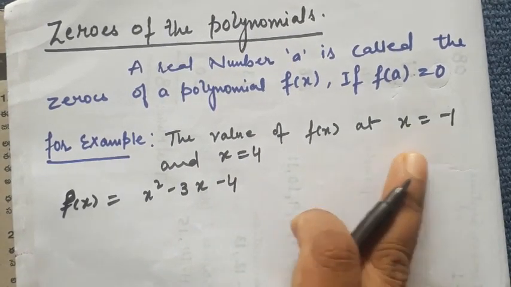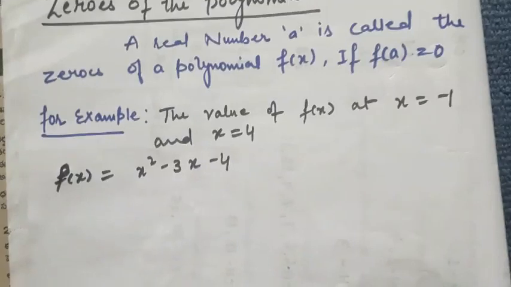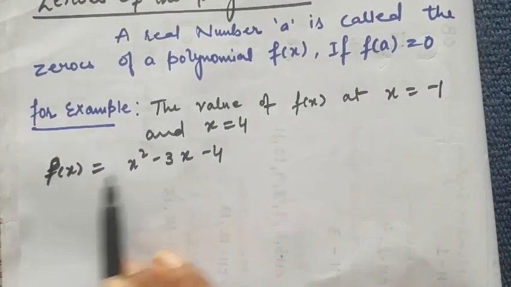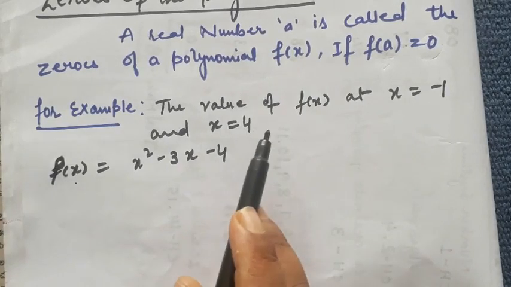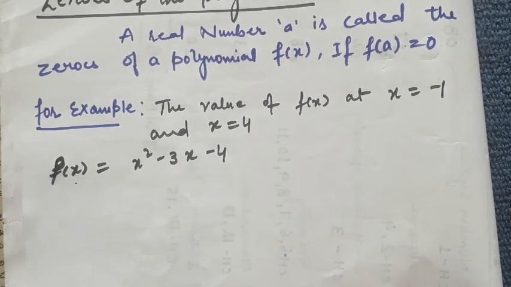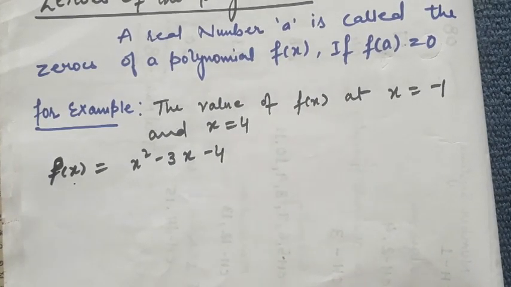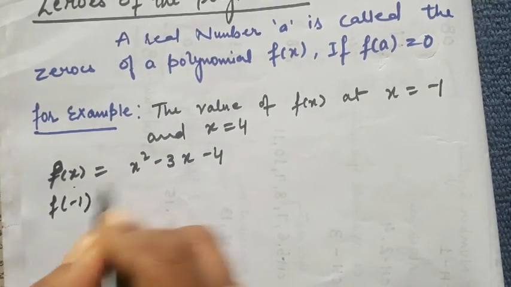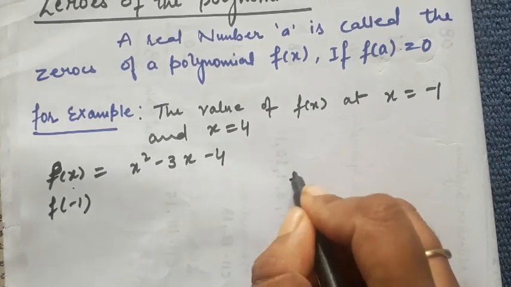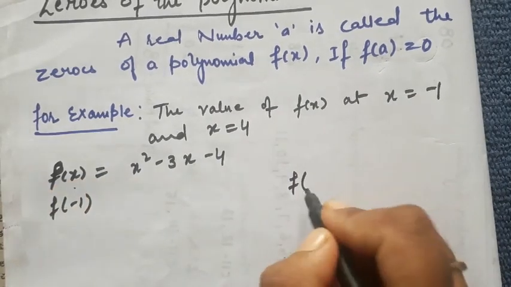I am finding the value of f(x) at x equals minus 1 and x equals 4, in the same manner as we did to find the value of a polynomial. I am just replacing x by minus 1, and again replacing x with 4.